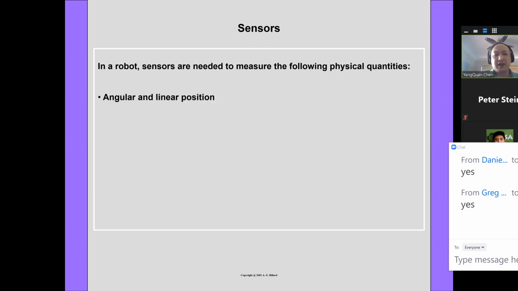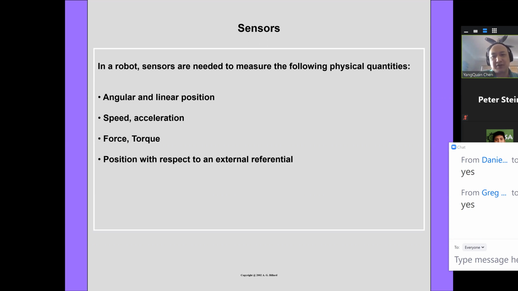But before that, we are going to go quickly. For mechatronics, you usually need to measure the motion: angular and linear position, speed, acceleration, force, and torque, and the derivative of acceleration, called jerk, and so on and so forth.